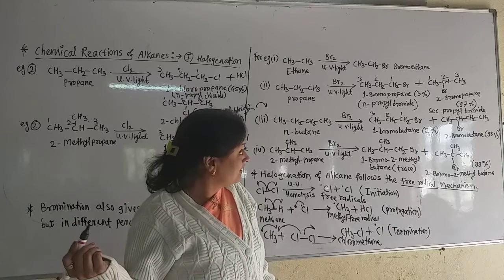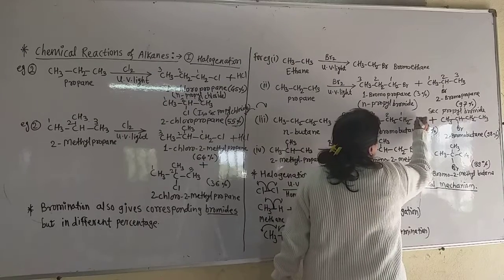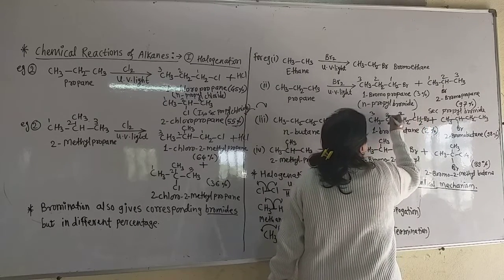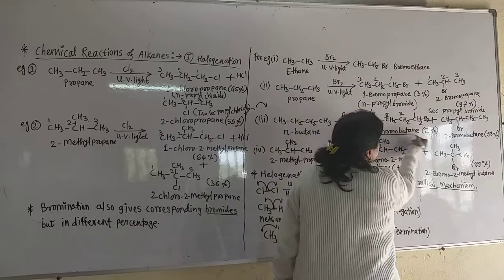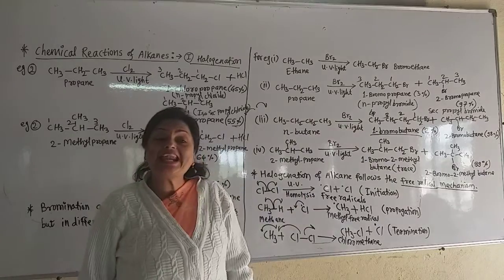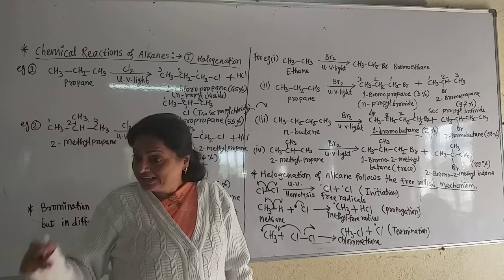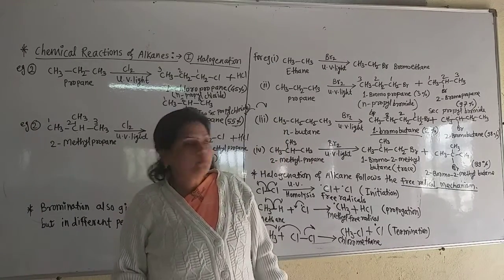Oh sorry, this is butane. So one CH2 group is again there, and that is the Br. So 1, 2, 3 and 4. This is 1-bromobutane. The common name you must write here is n-butyl bromide.